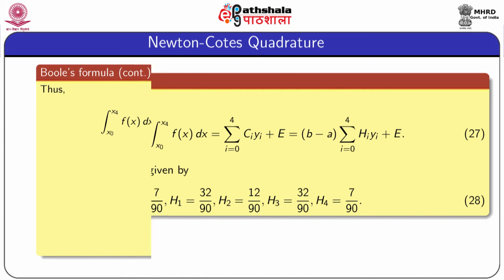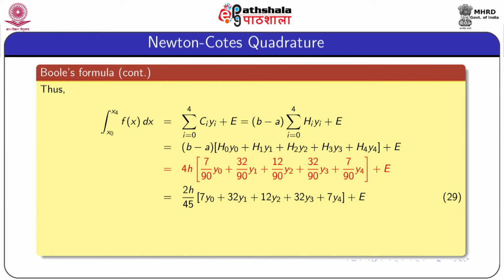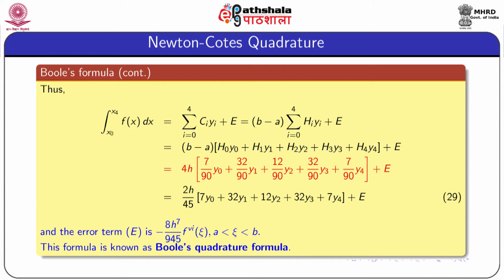So, using these values, the formula finally reduces to this one, obtained by equation number 29: 2h by 45 into (7y0 plus 32y1 plus 12y2 plus 32y3 plus 7y4) plus E. And the error term of this formula is minus 8 into h to the power 7 by 945 into the 6th derivative of f at xi, where xi lies between a and b. This formula is known as Boole's quadrature formula.